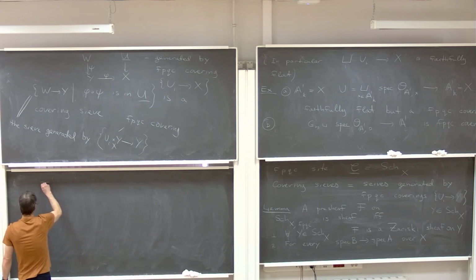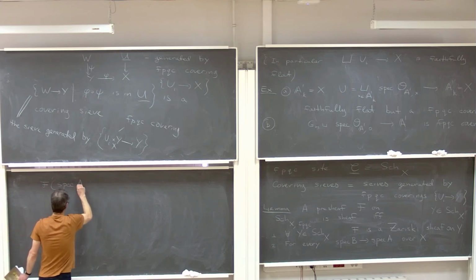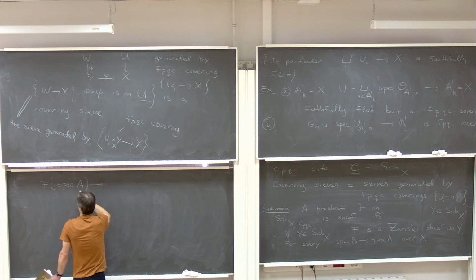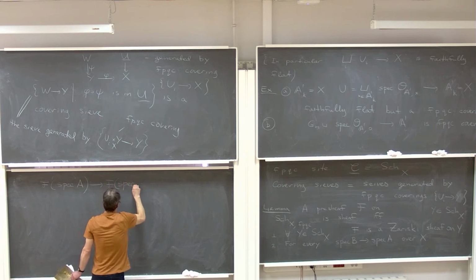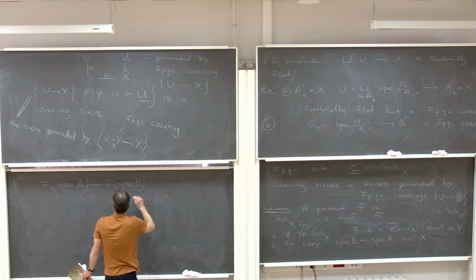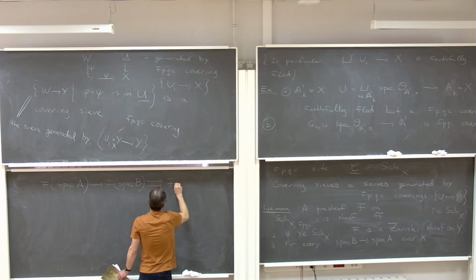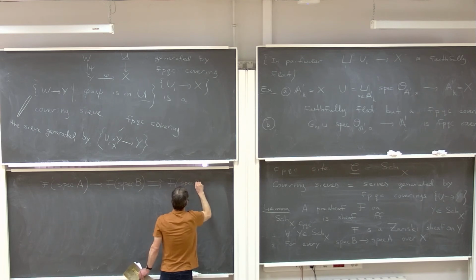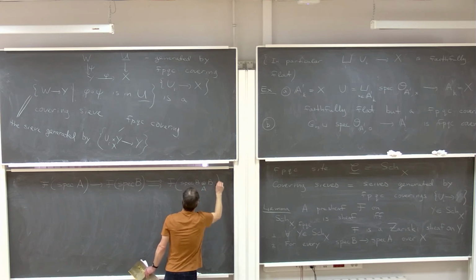So if I take F and evaluate it at spec A, then I have a morphism from this guy to F evaluated at spec B. And here I have two morphisms to F evaluated at spec B over A. That's the fiber product.